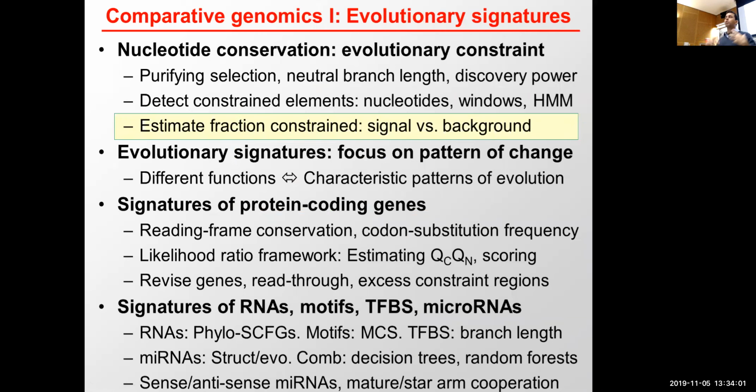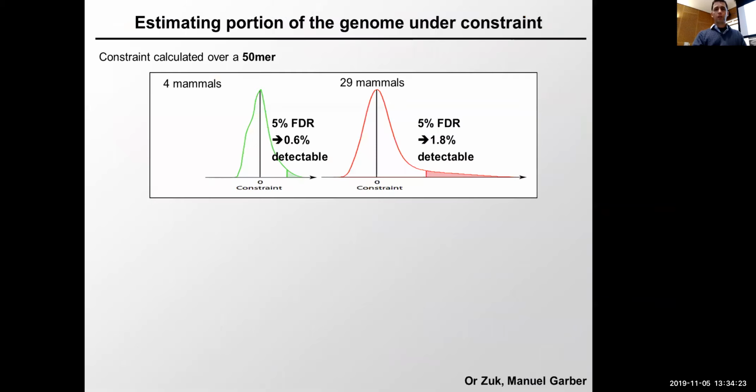So that's all trying to recognize individual nucleotides and individual windows that are under constraint. But what if you wanted to say what fraction of the human genome is under constraint? Then you could, of course, ask what fraction can I detect to be under constraint? But that number is smaller than the fraction you can actually estimate to be under constraint. And the reason is the following.